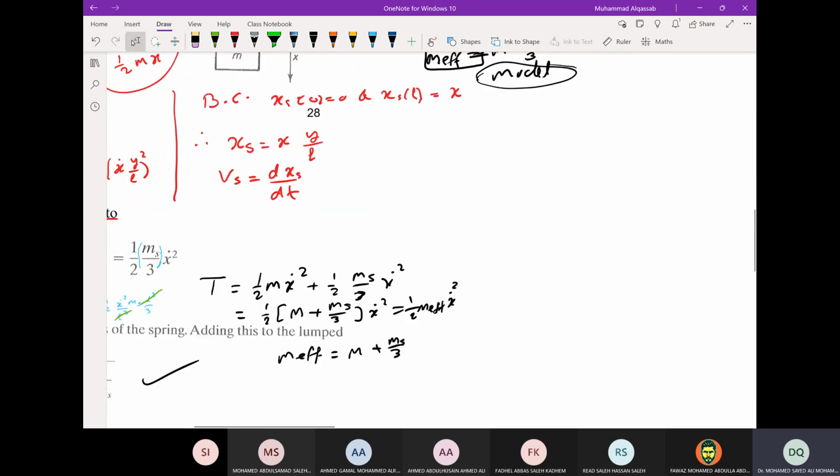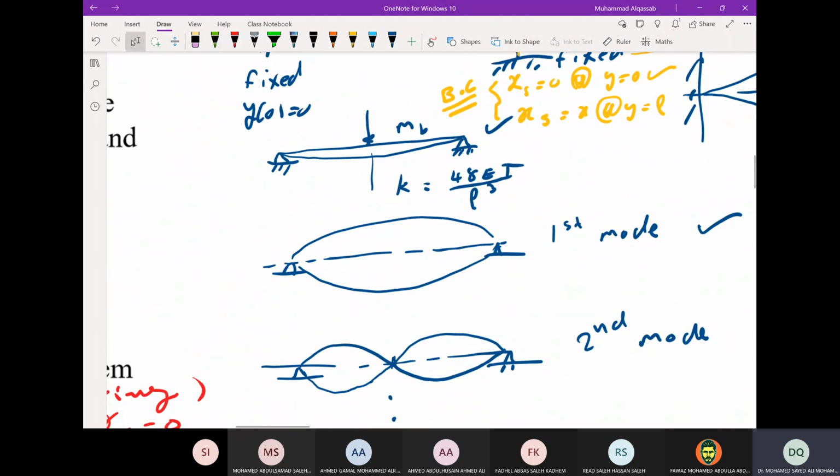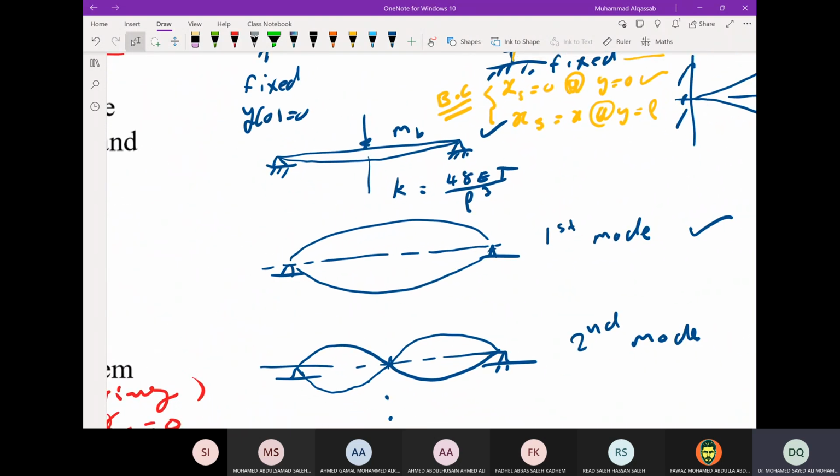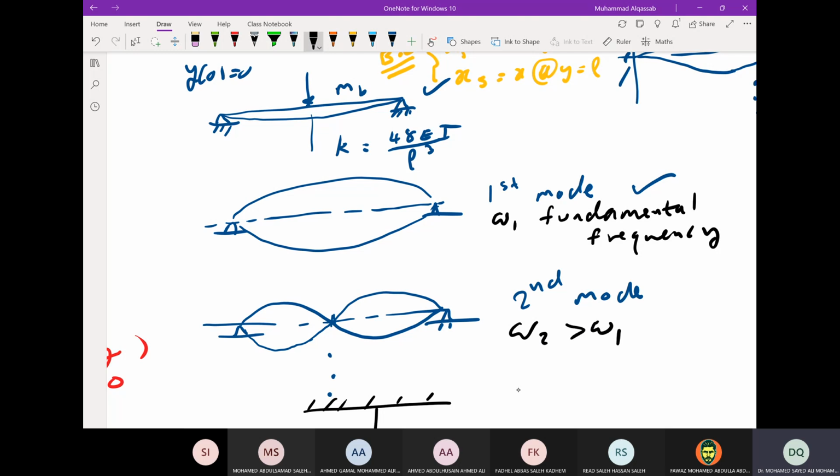For vibration, this is a continuous system. This is a simply supported beam. This is the first mode, called omega 1, and this is the fundamental frequency. This is the second mode, which will vibrate with omega 2, the second natural frequency, and omega 2 is greater than omega 1, and so on.